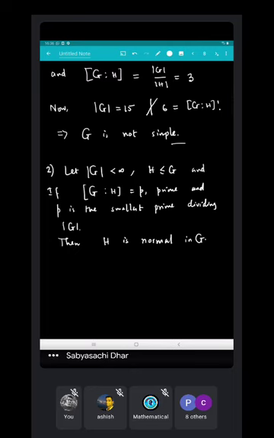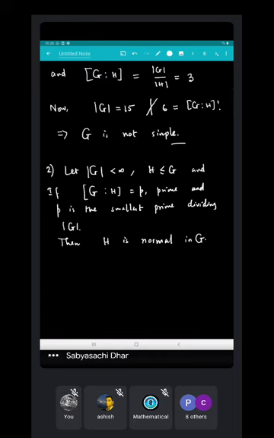So it is also a powerful result. We see this result for a special case.